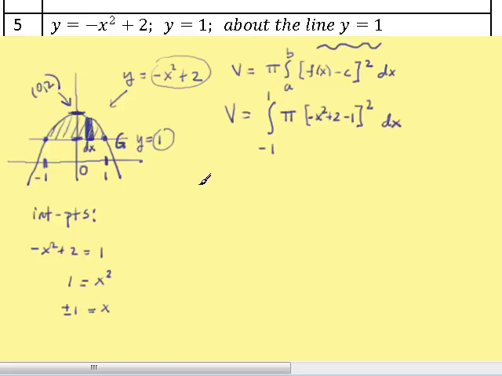All right, so let's do that. First we're going to square this out. I'll bring the pi out. And what are we squaring? We have minus x squared plus 2 minus 1, so plus 1, squared. So we're just going to FOIL that out.